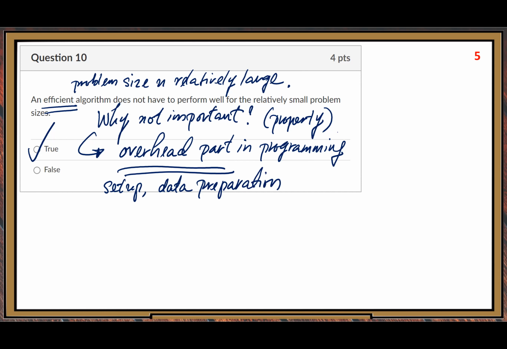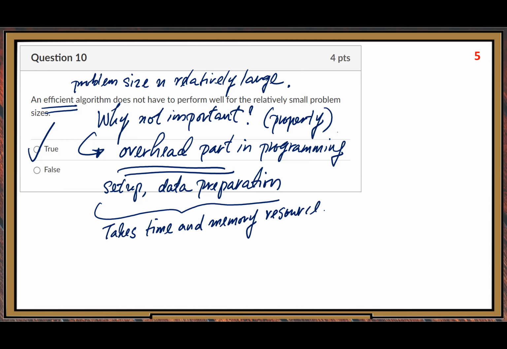When you implement your algorithm, you need to do some preparation, arrange your data in a convenient way, and do a lot of things. When you do that part, it takes time and resources. It takes time and memory resources.